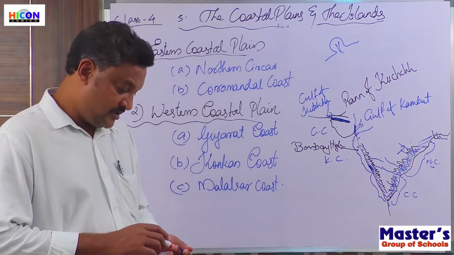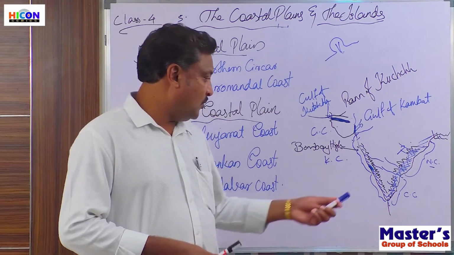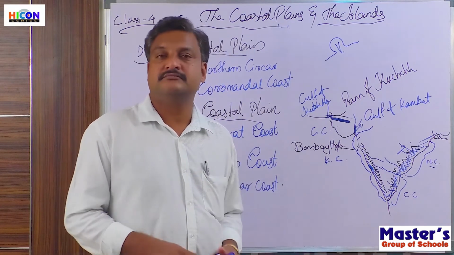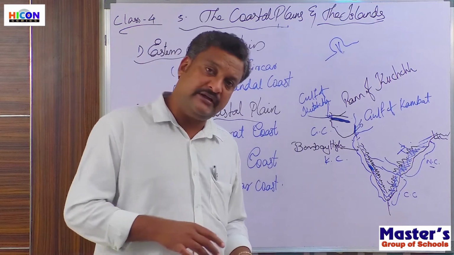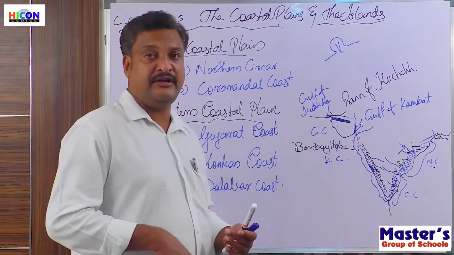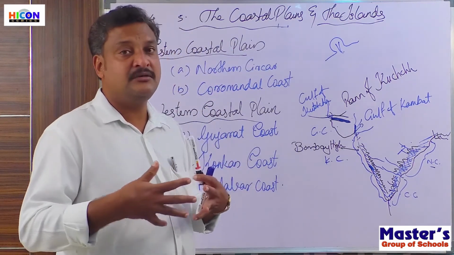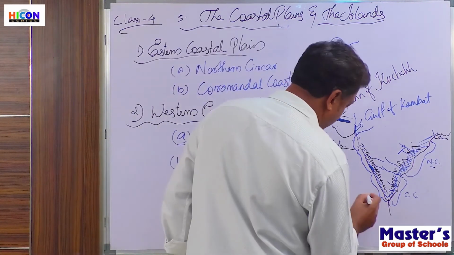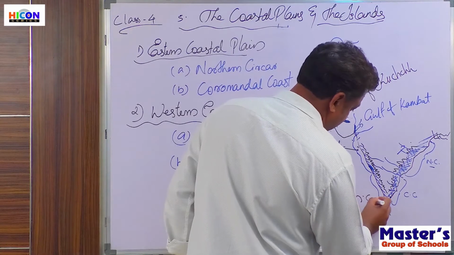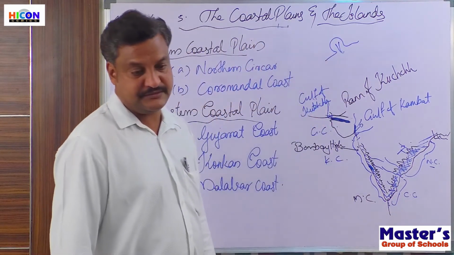Okay. So after Goa, the Konkan coastal region gets over, and from there till the tip Kanyakumari, where both the eastern and western coastal plains converge together, we have another coastal plain, and that is the Malabar Coast.